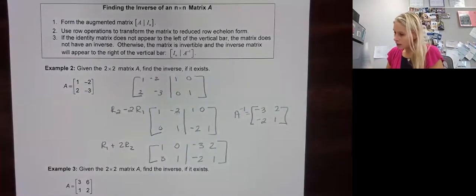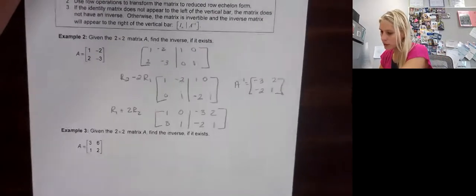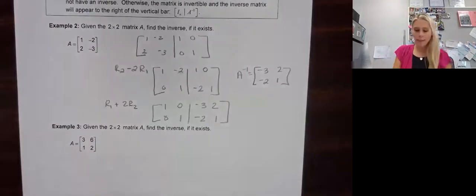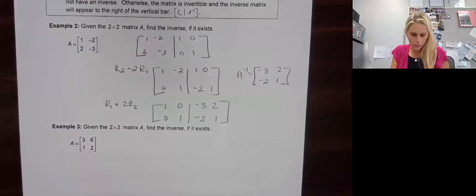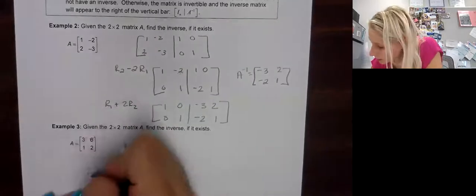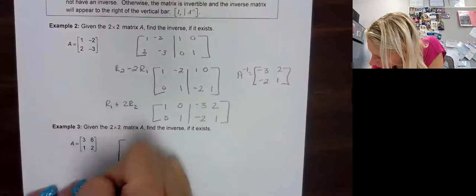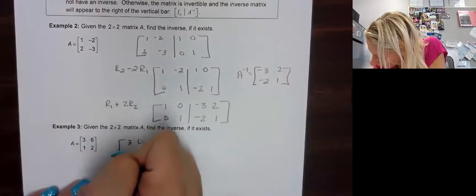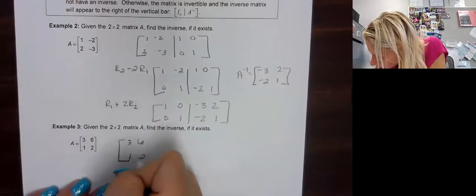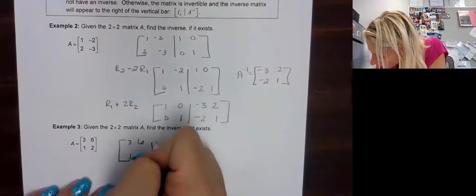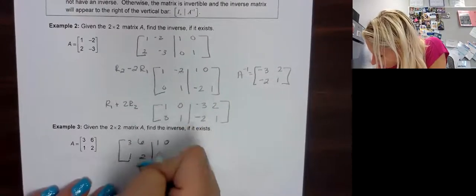Now, given a 2 by 2 matrix, find the inverse if it exists. So this is just us doing it again, just to test it out if it's actually working. So let's see what happens. So 3, 6, 1, 2, and then our identity.